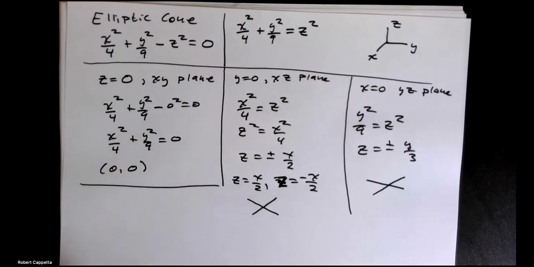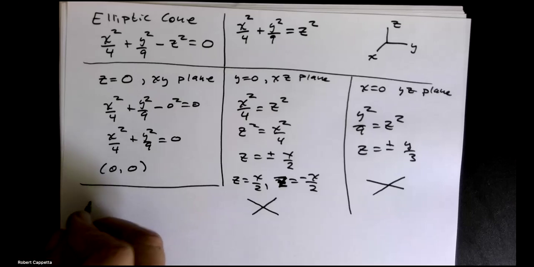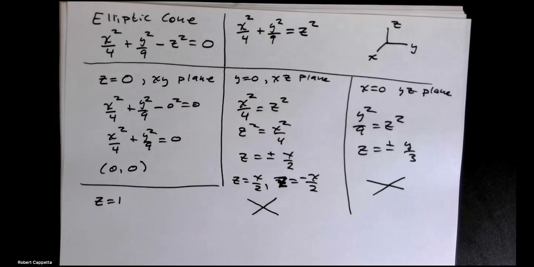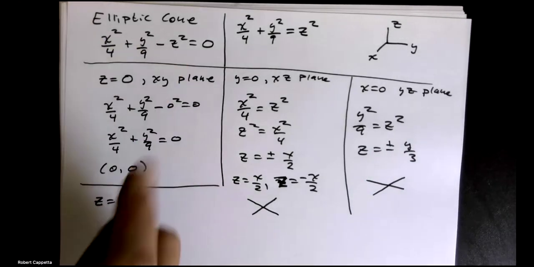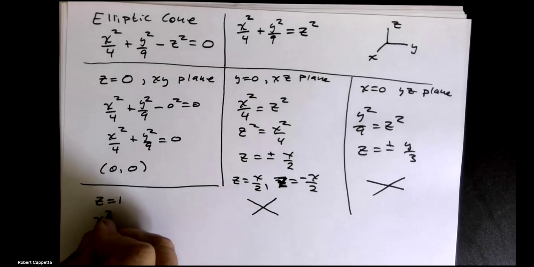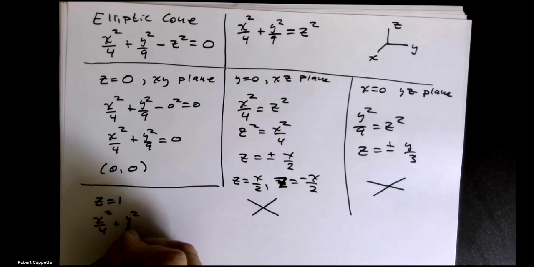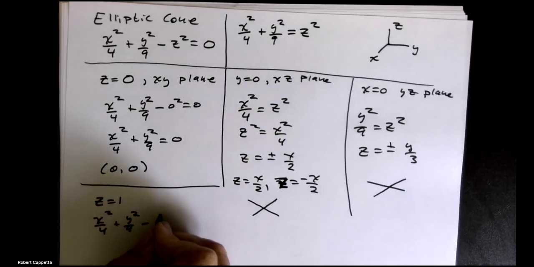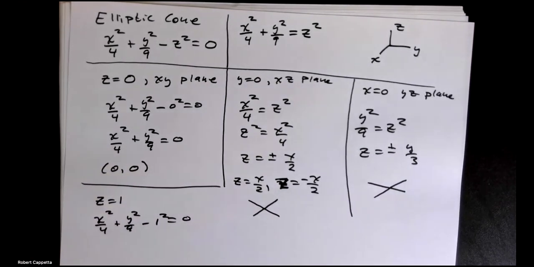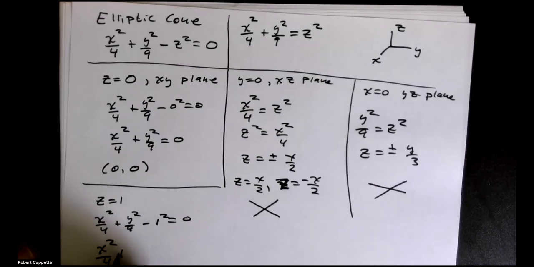I'll add one more little piece here. What about in the event that z equals 1? Or if you like, z equals negative 1, it would work the same way. If I replace z with 1 here, what do I get? I get x squared over 4 plus y squared over 9 minus 1 squared is 0. X squared over 4 plus y squared over 9 equals 1.